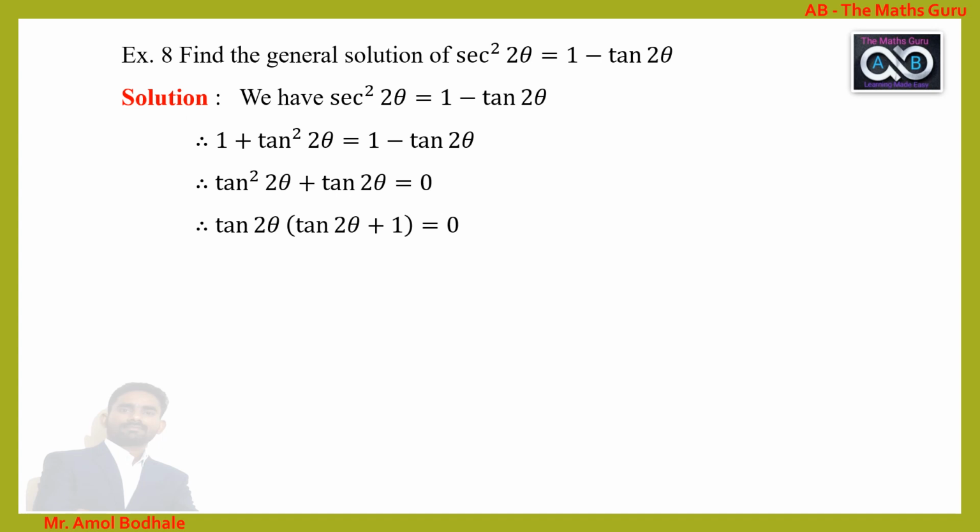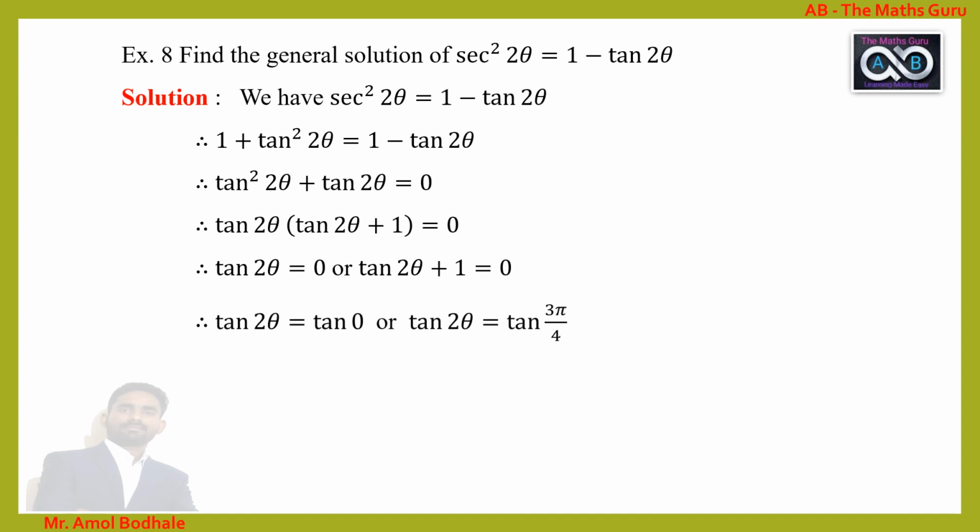That means either the first one is 0, that is tan 2 theta equal to 0, or tan 2 theta plus 1 equal to 0. So we get tan 2 theta equal to 0, or tan 2 theta plus 1 equal to 0. Therefore tan 2 theta equal to 0 can be written as tan of 0.